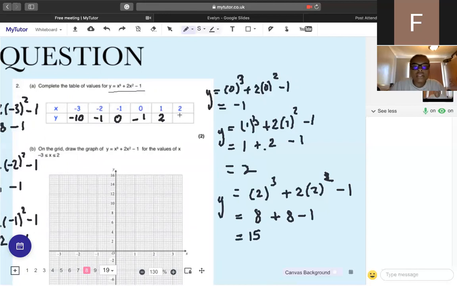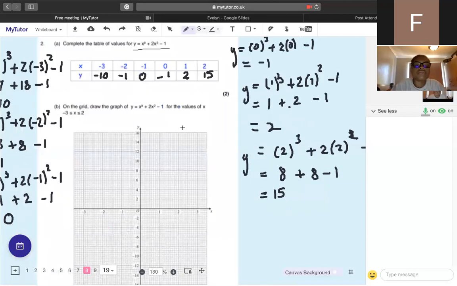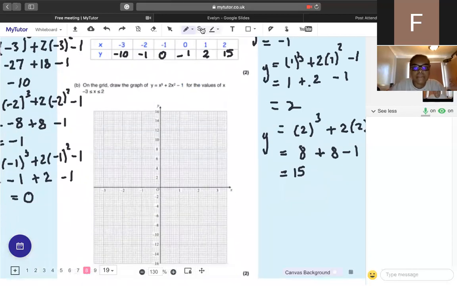So the last thing to do is now plot these coordinates on the graph and then draw a smooth curve that goes through each of them. So our first coordinate is minus 3, minus 10, which goes over here. Then we have minus 2, minus 1, and that would go somewhere over here.